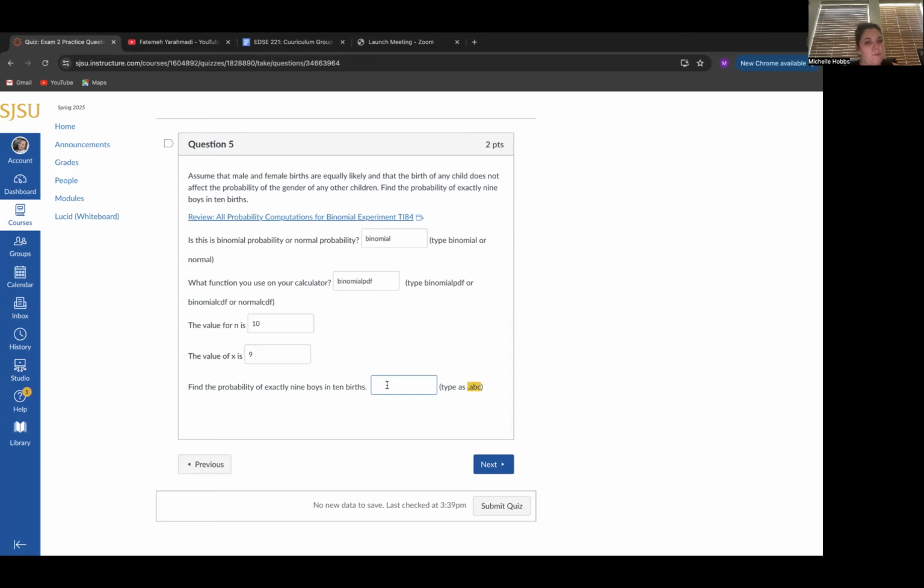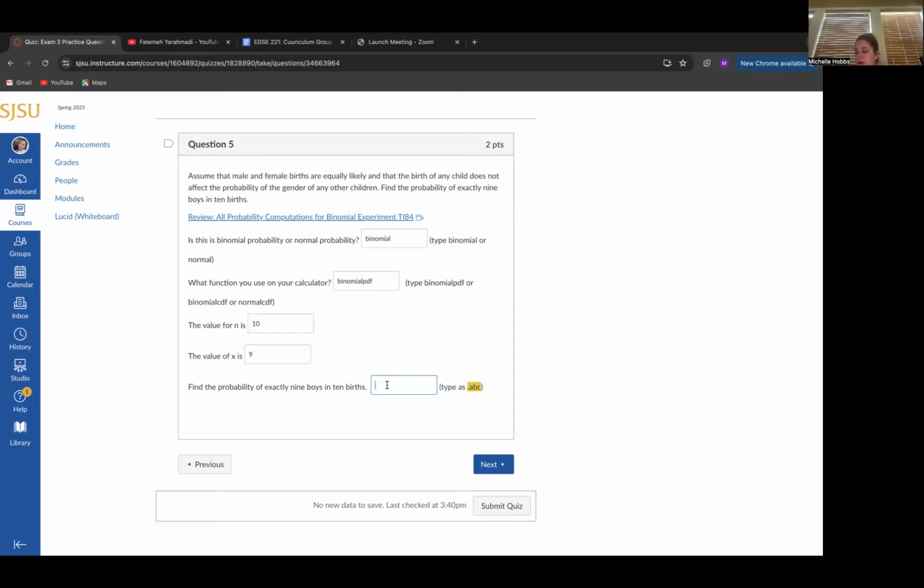Find the probability of exactly 9 boys. Assume that male and female births are equally likely and that the birth of any child does not affect the probability of the gender of any other children.